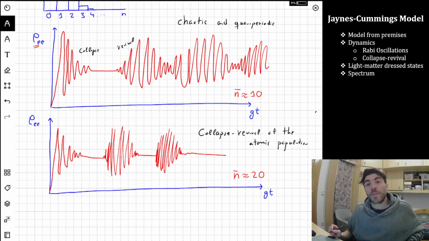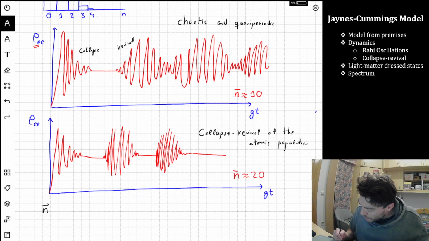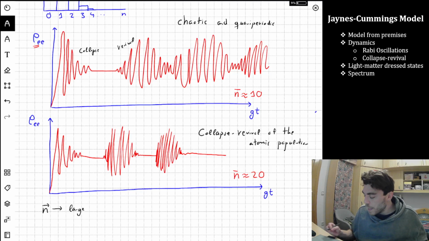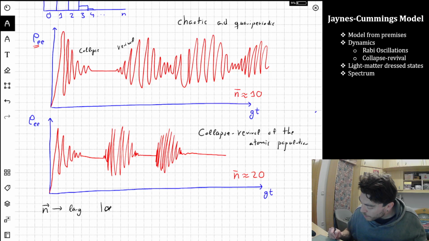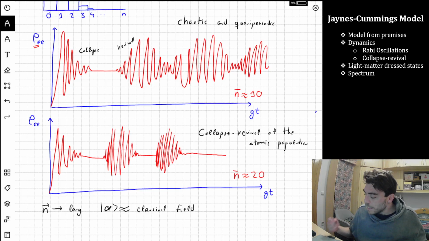It's an interesting effect. In the limit that n is really large, a very big number, this coherent state behaves almost as a classical field, and in this case one recovers the semi-classical solution that we found, the Rabi flopping.